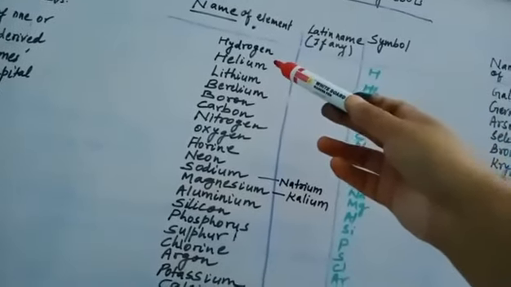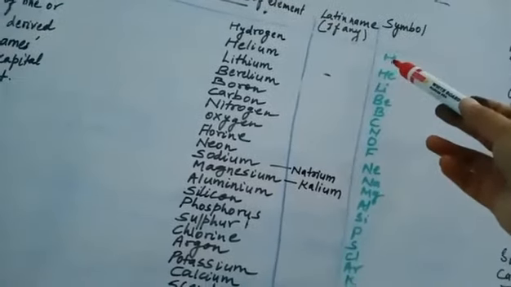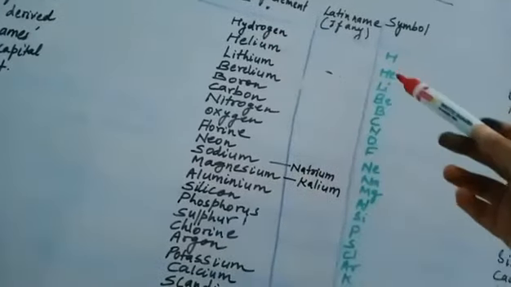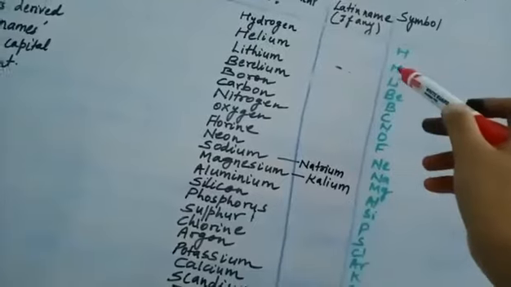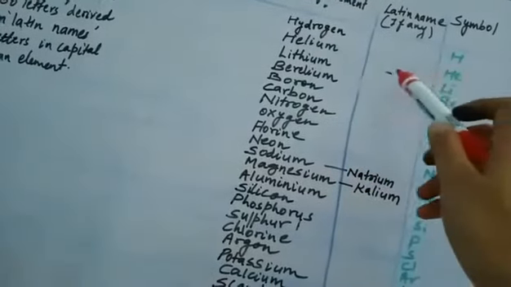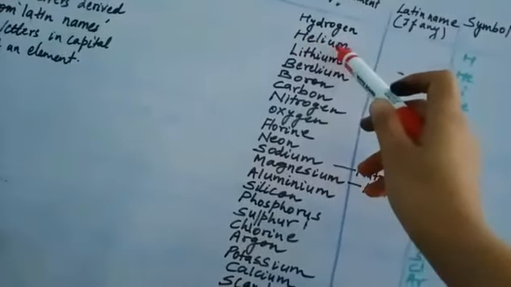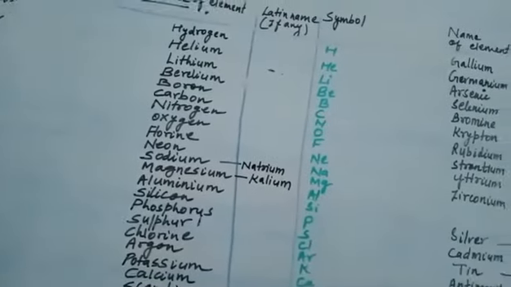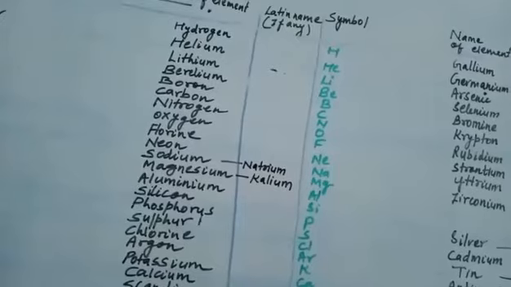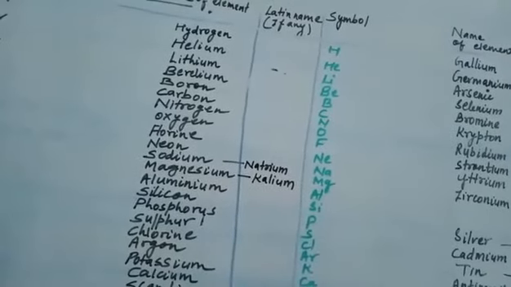First is hydrogen. Its chemical symbol is H. Then helium, its chemical symbol is He. So you can see here the chemical symbol is the first letter of the word, written in capital. Every time you write a chemical symbol, the first letter will be in capital.